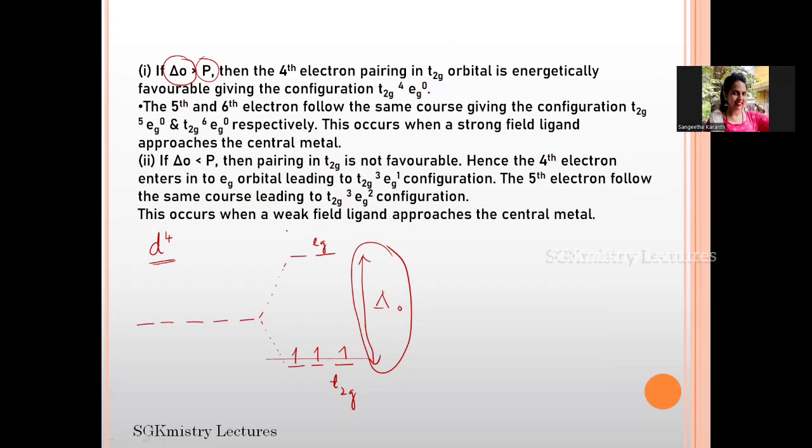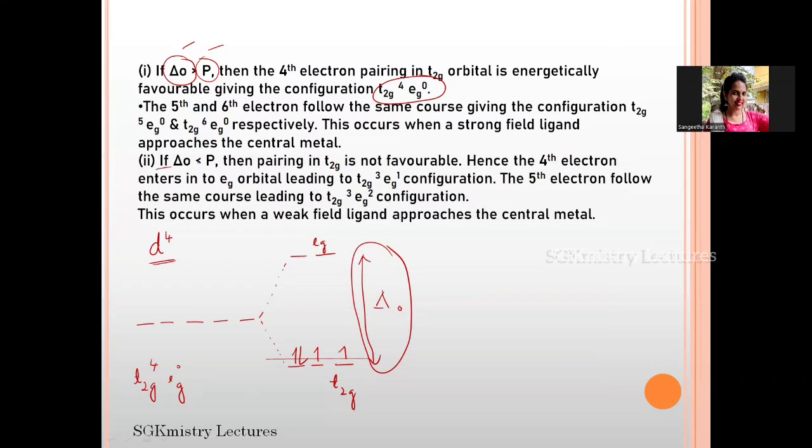Instead of jumping to the higher energy level, it will undergo pairing here. Okay, so this is what happens. Suppose delta O is greater than pairing energy, then the configuration will be in the t2g orbitals, there will be 4 electrons, and in the eg orbitals, there is no electron, so t2g4 eg0. So this is the configuration that is occurring when the delta O is greater than pairing energy.